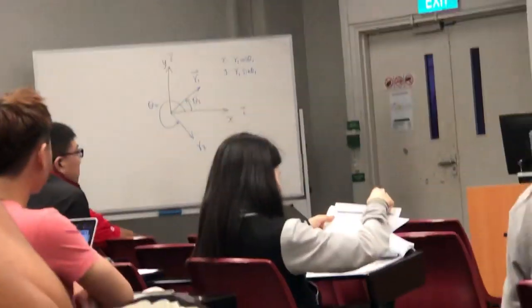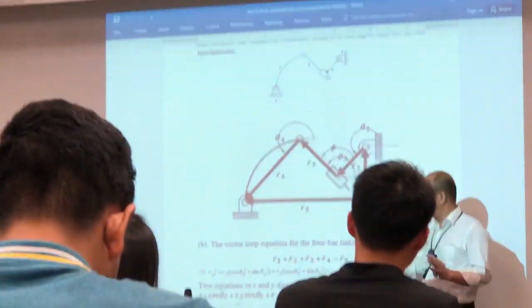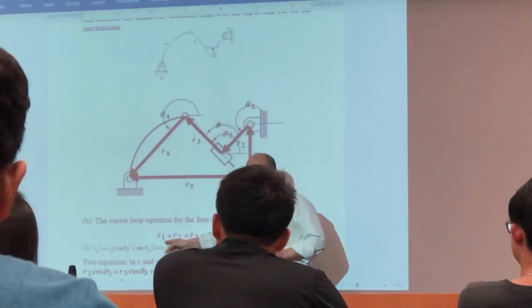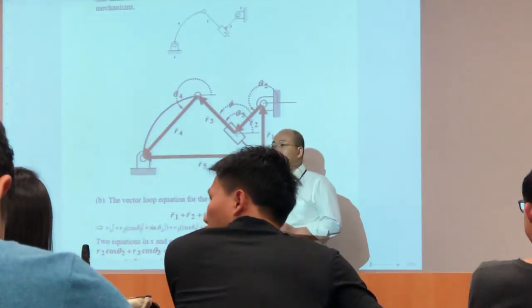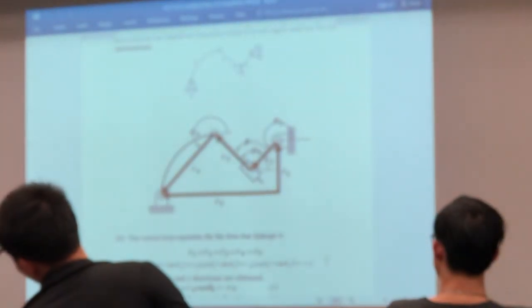Okay, so if you follow that, then when you resolve this vector equation into x components and y components, it's very simple. Your x components will be r cosine theta, right? Your y components will be r sine theta. Correct? Okay, you don't have to worry about positive sign, negative sign.